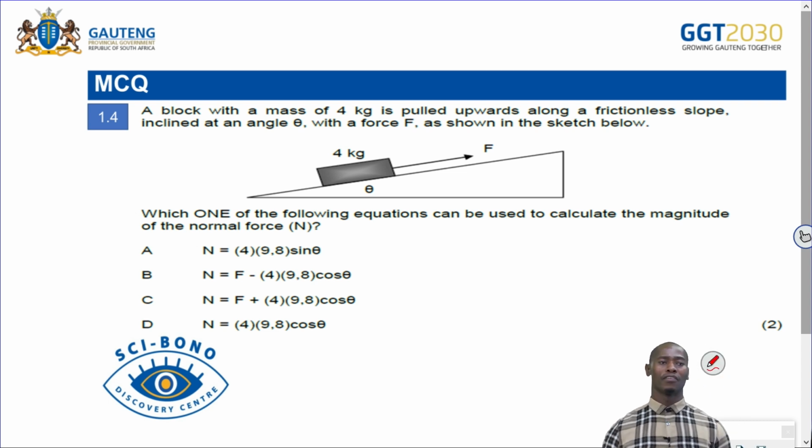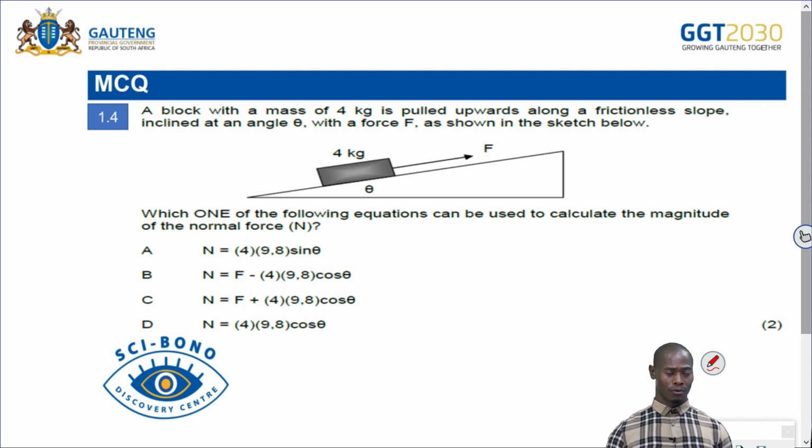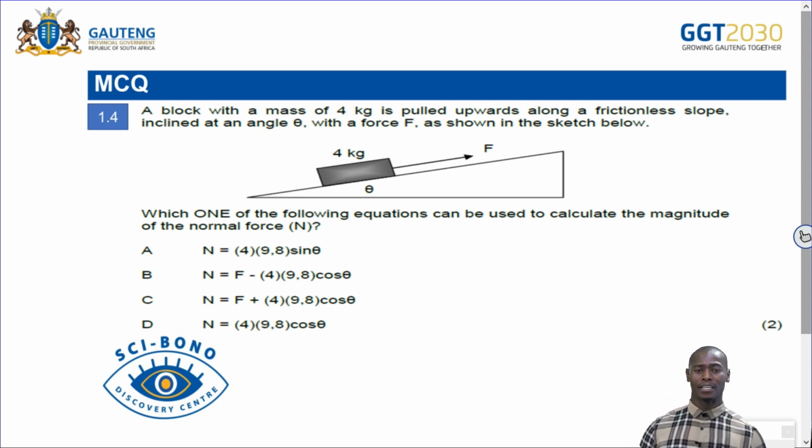A block with a mass of 4 kilograms is pulled upwards along a frictionless slope, so there's no friction, inclined at an angle of theta with a force F as shown in the sketch below. So this is an incline, and in an inclined plane, you need to be careful that your weight is not acting perpendicular to that inclined plane.